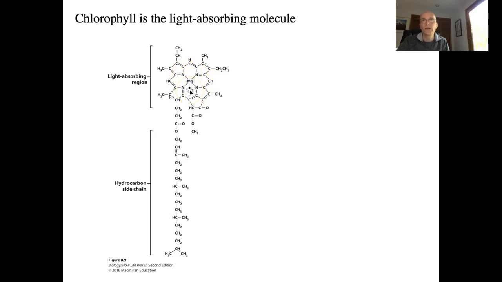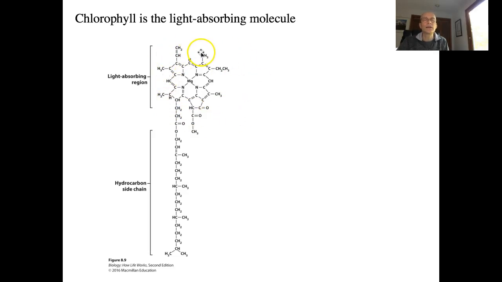So if you never give them any magnesium, and they can't get any out of the soil because the soil no longer contains any, or you're not growing it in soil but on little beads, then that's the reason why a plant needs plant food. But other than that, this is almost all long carbon-hydrogen chains. So this is the place where it's absorbing light.